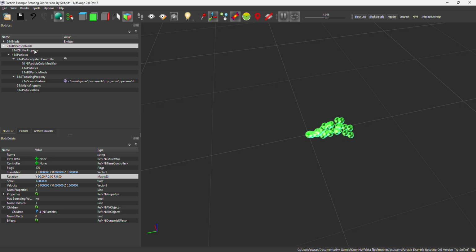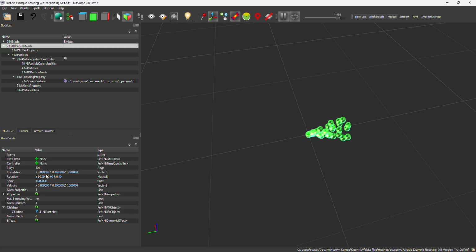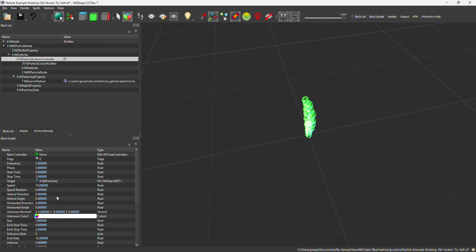So we have that. And then we can also edit the horizontal direction. The horizontal direction has a different effect, because it will only affect particles that are at some degree of horizontal direction relative to the up angle of the emitter.